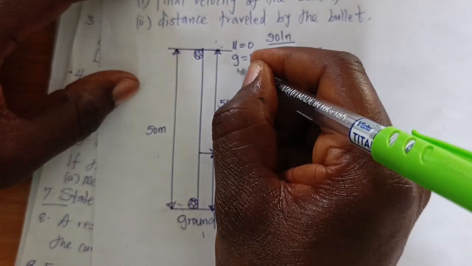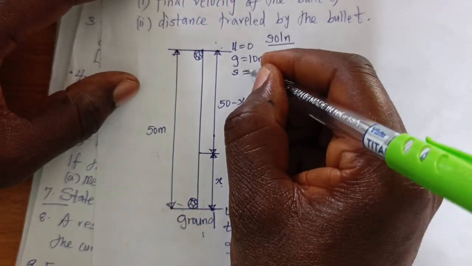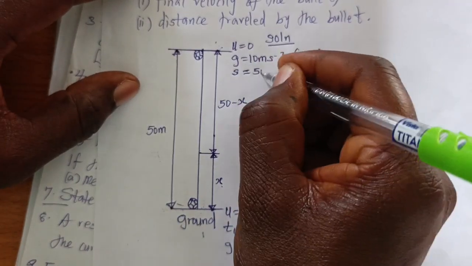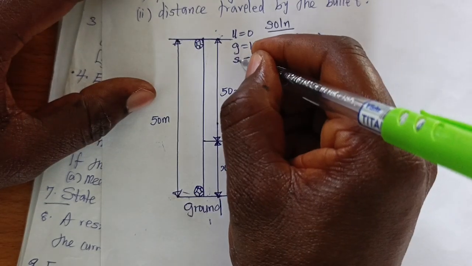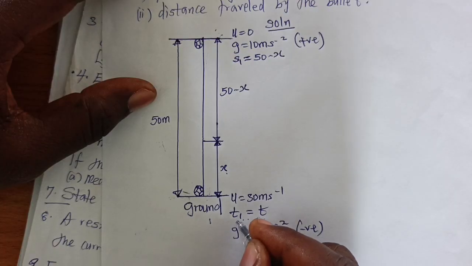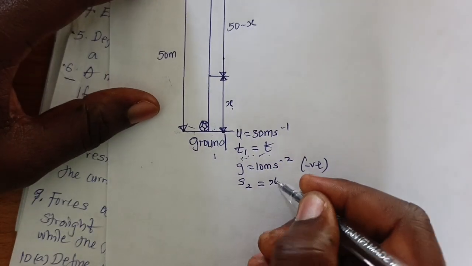The distance traveled by the ball held at rest is 50 minus x, and the distance traveled by the one from the ground is x.